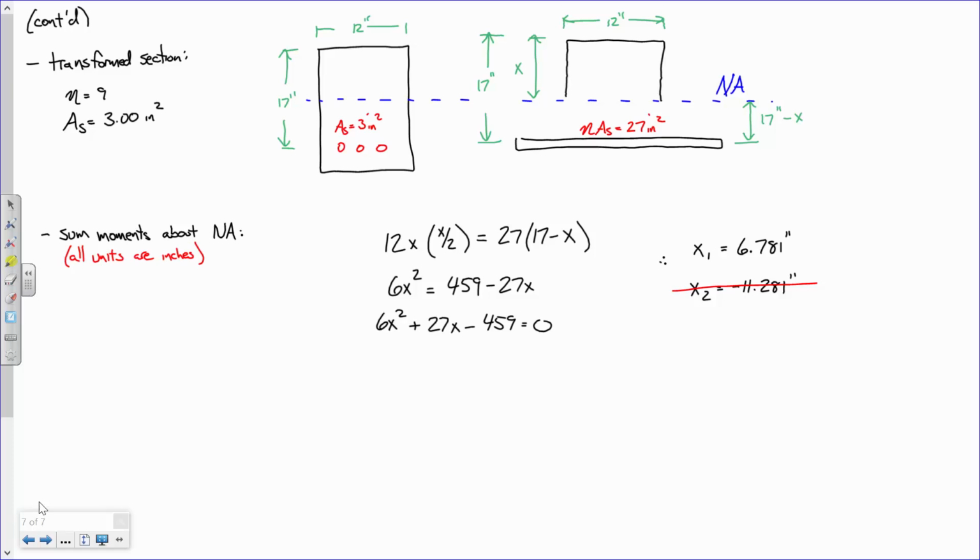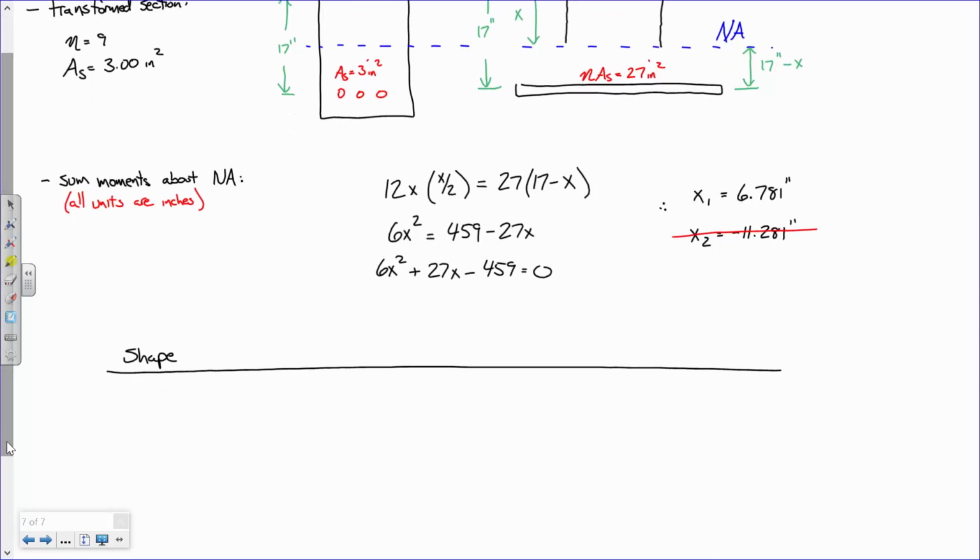So we're going to have a shape. There are only two shapes in this cross-section: the concrete and the steel.